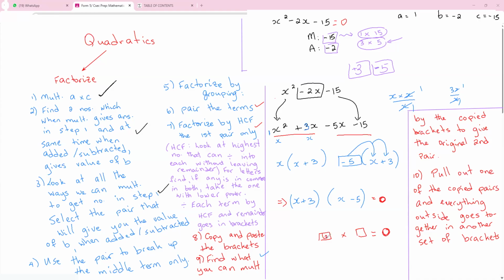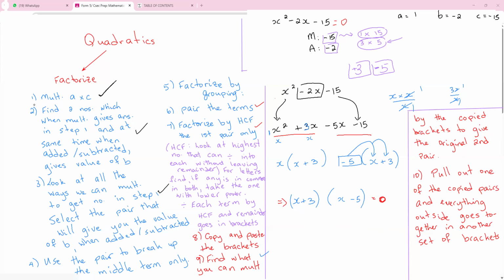So for example, 6 times 0 is the same as 0 times 6. So if my solution is to be 0, it means that either one of these two must be 0 in order to give me 0. So we use that logic in solving a quadratic.